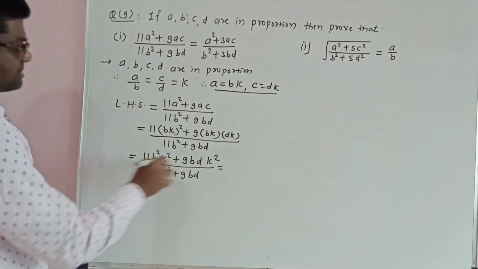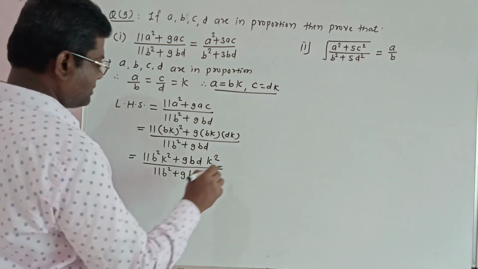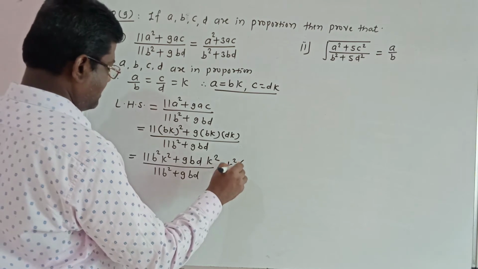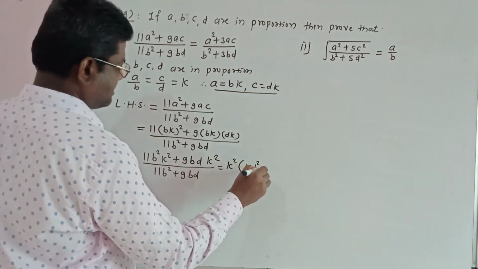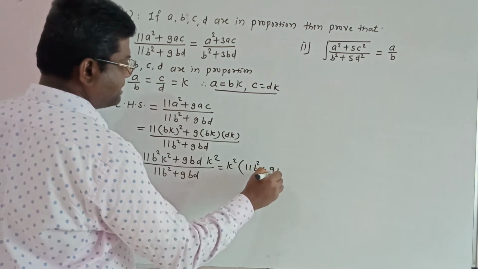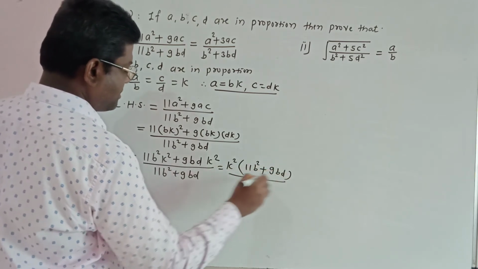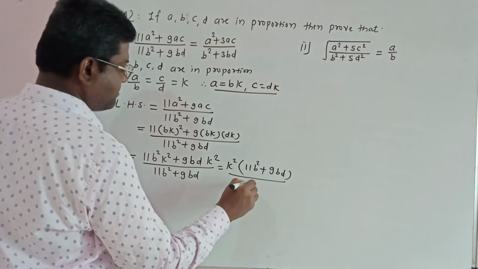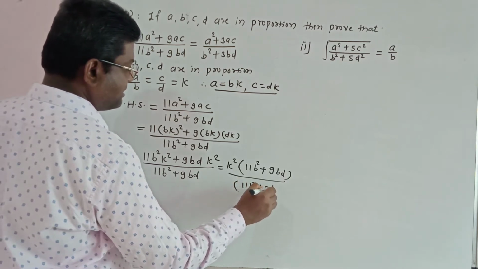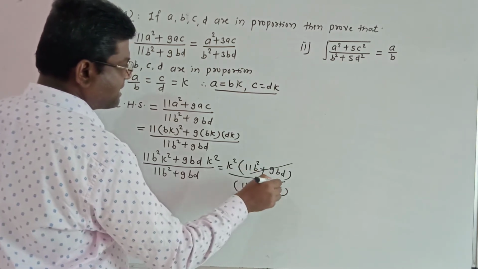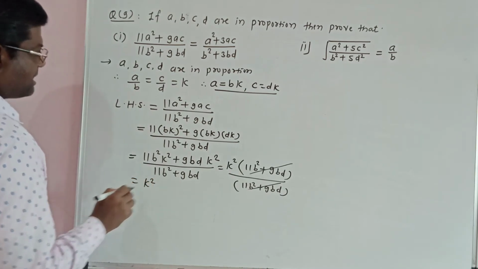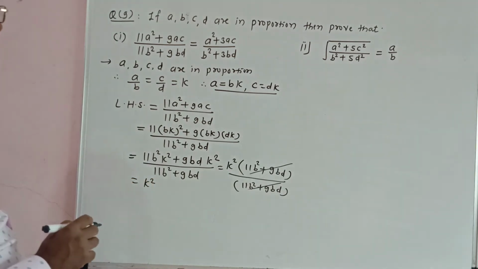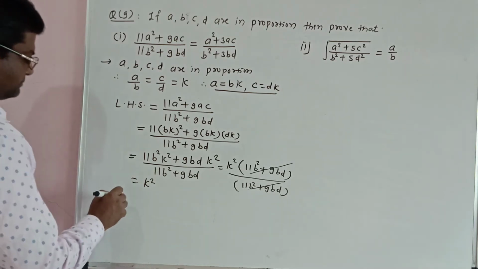Now take k square common, so k square in bracket 11b square plus 9bd upon 11b square plus 9bd. This bracket will get cancelled, is equal to k square. Therefore LHS is equal to k square.